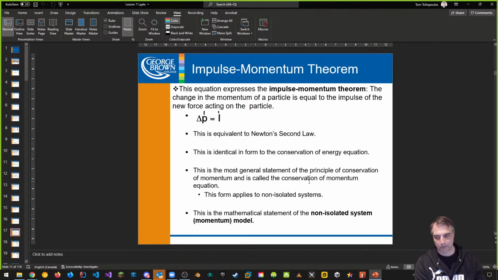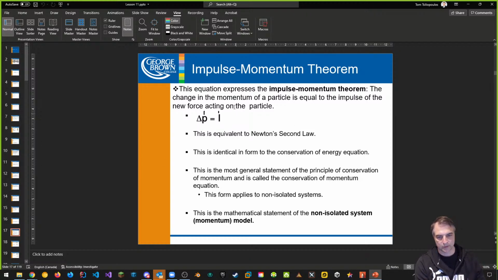The force-time curve is the idea that over time, force is either constant or changing. This expresses the impulse-momentum theorem: the change in the momentum of a particle is equal to the impulse of the net force acting on the particle.